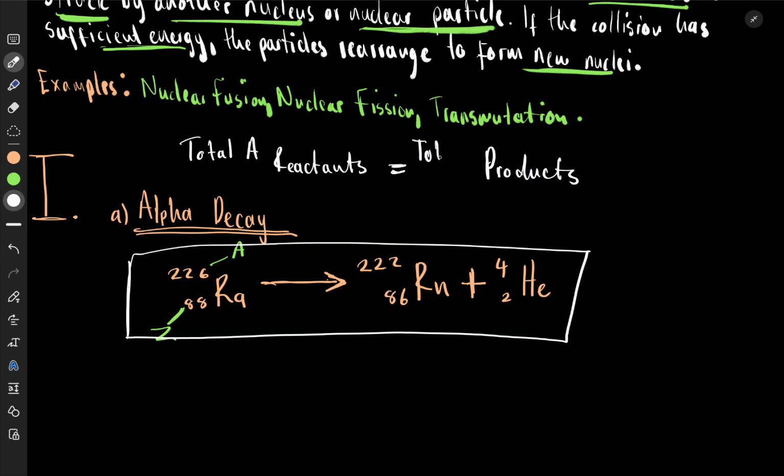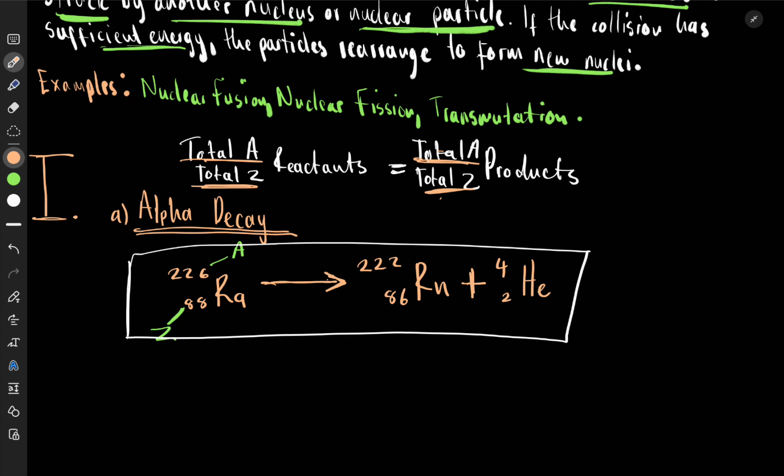Then we say the total A of reactants is equal to the total A of products, and the total Z of reactants is equal to the total Z of products. Remember that A is your mass number, so the mass number for reactants should be equal to the mass number of products. And the charge or atomic number of the reactants should be equal to the charge or atomic number of products.